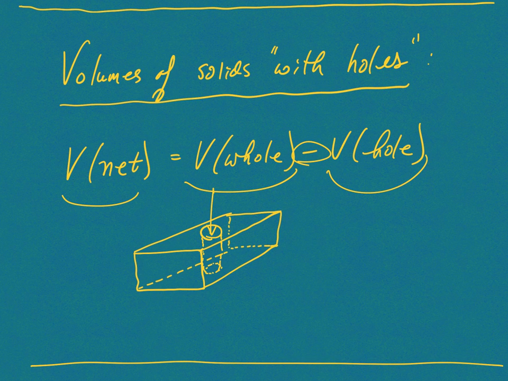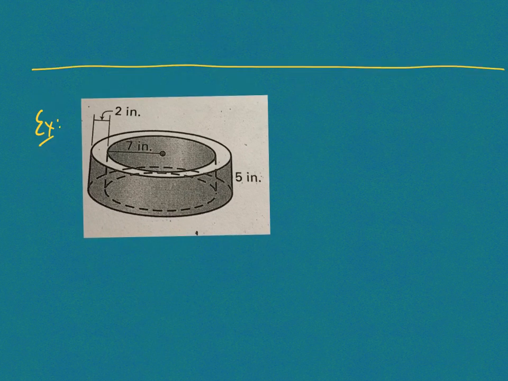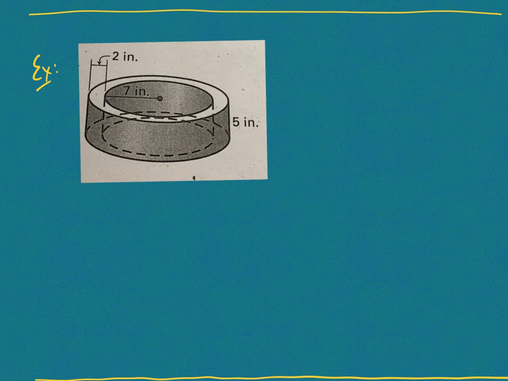Okay? So that basic idea leads us to problems where we end up with some strange looking shapes like this one, where we have a big cylinder to start with, and then we take a big Forstner bit, I guess a gigantic Forstner bit, and drill out the middle of this.